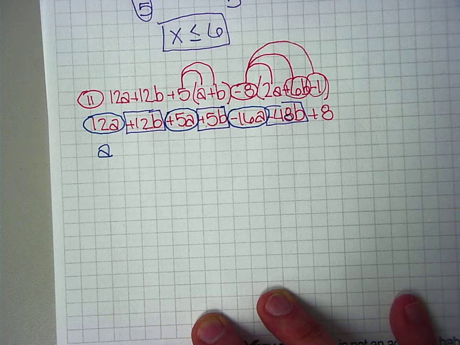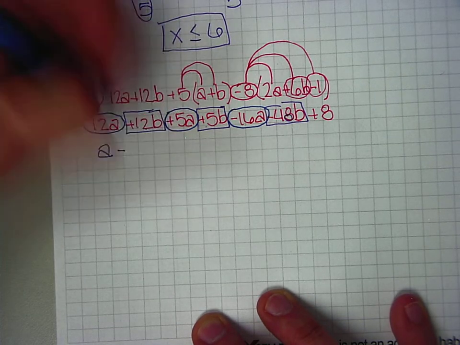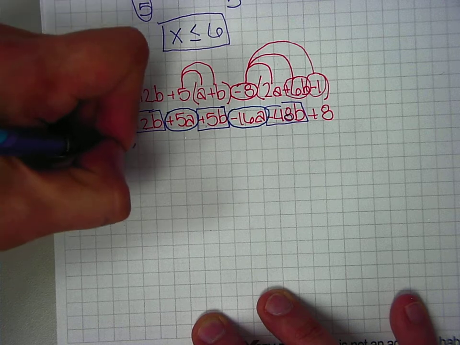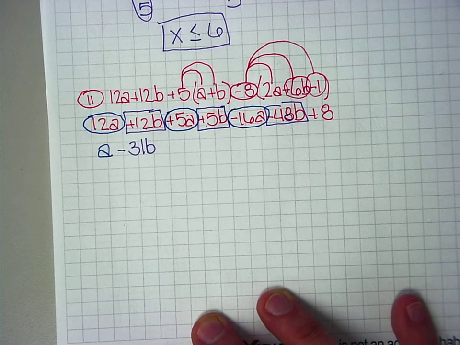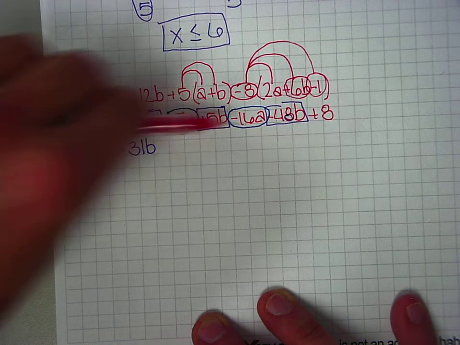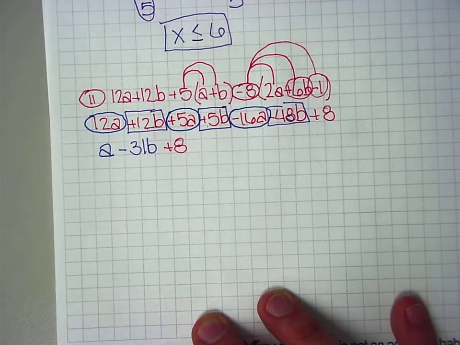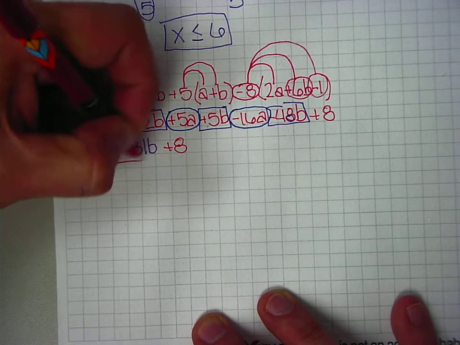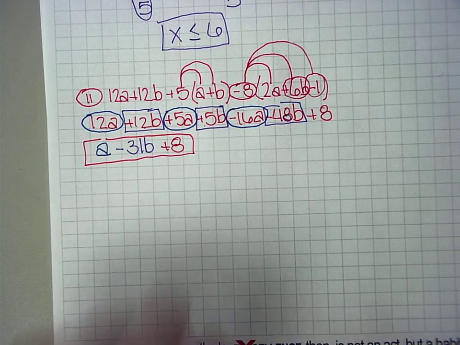And 17 minus 48 is negative, or in this case, minus 31 b's, because I have no more b's that I can attach. Finally, I combine any and all whole numbers that I have, and I have just the positive 8 at the very end. So my answer is a minus 31b plus 8, and that does coincide with our answer key.